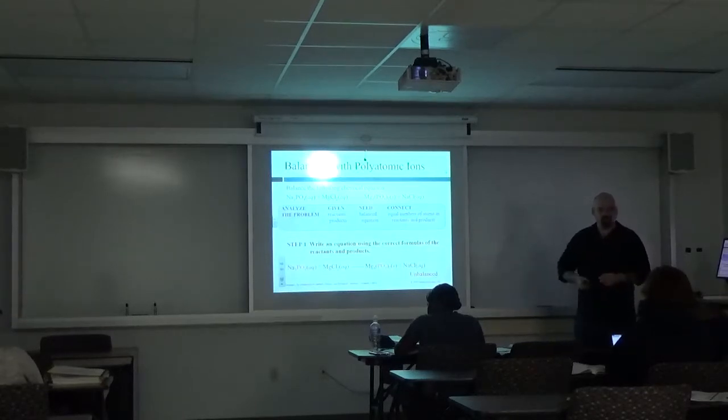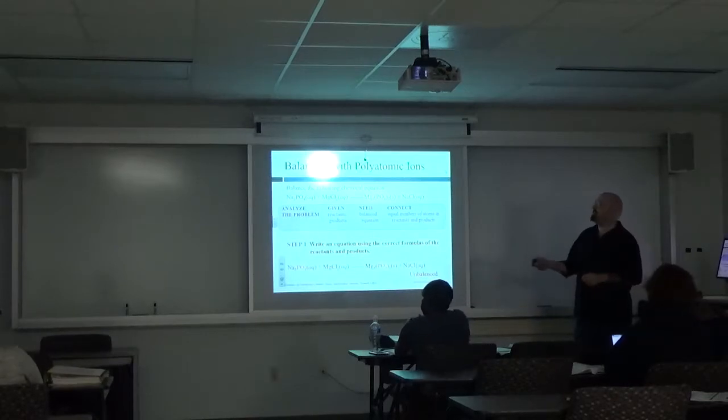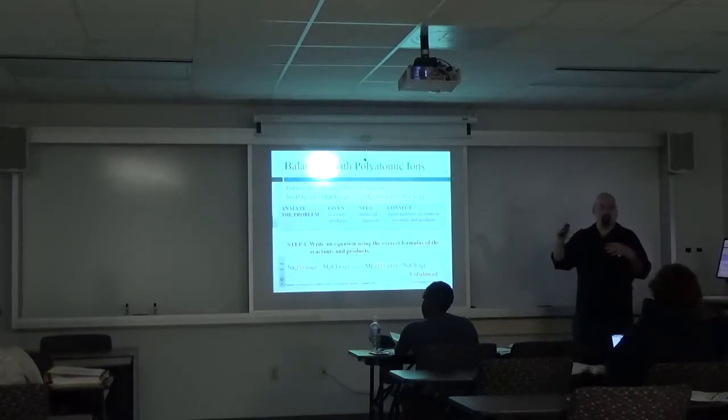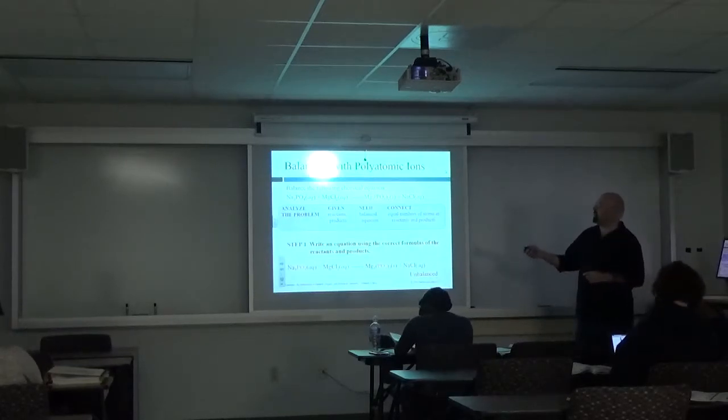Higher order chemistry classes, you might. What happens when you react sodium phosphate and magnesium chloride? Question mark, period. Well, period, double, question mark, and then you answer it. We're not doing that. So that means that balancing an equation is just a logic puzzle.